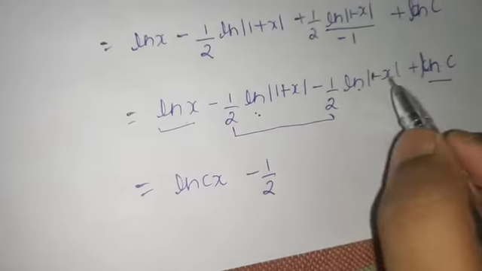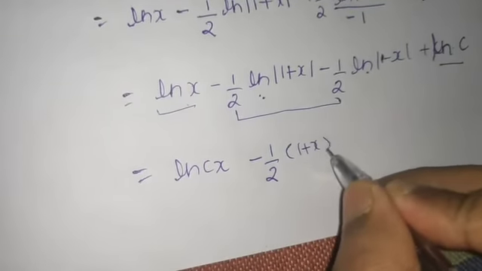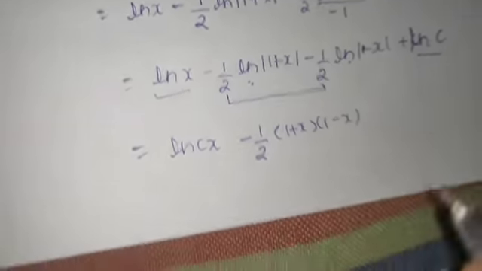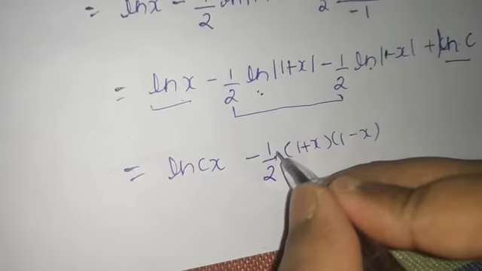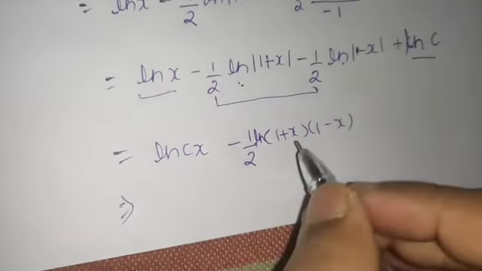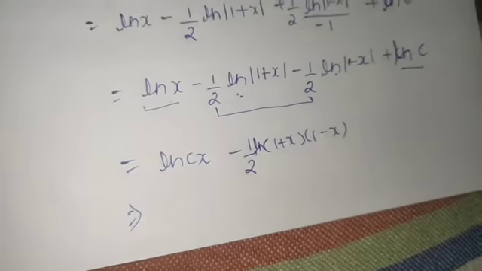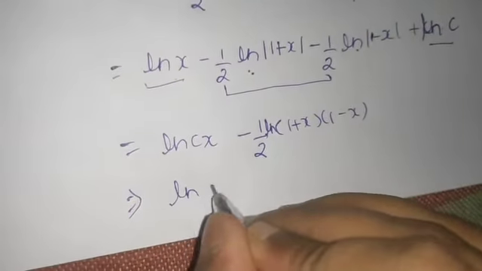because inside the bracket you will get ln 1 plus x plus ln 1 minus x. So again 1 plus x into 1 minus x inside ln. Now again this is 1 minus x square. So ln cx.